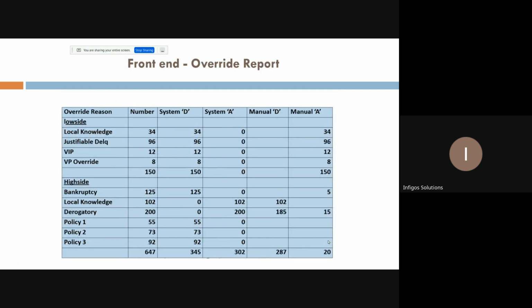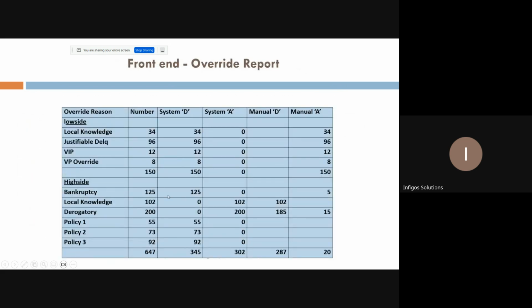This is another way of representing the override report, where there is something called system decline, system accept, manual decline, manual accept. On the low side, 34 have been declined, but they have been accepted manually.